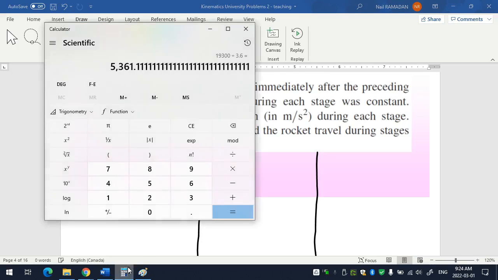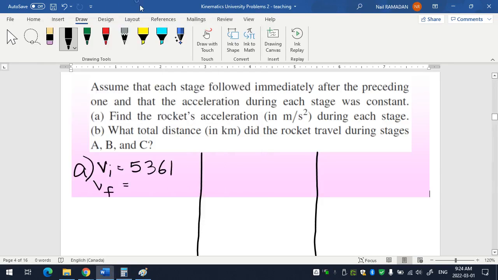What was the final speed in kilometers per hour? 1600 divided by the magic number 3.6. How about 444.4? By the way, I'm just keeping one extra sig fig in the intermediate step. And my time, obviously, has to be in seconds.